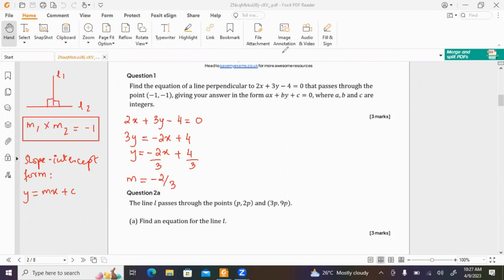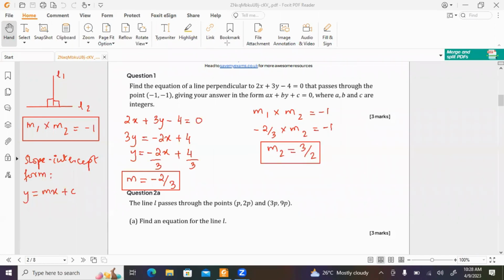Let's assume this is m1. If m1 is -2 by 3, we can easily find m2 using the formula m1 times m2 equals -1. So -2 by 3 times m2 equals -1, which means m2 will be positive 3 by 2.